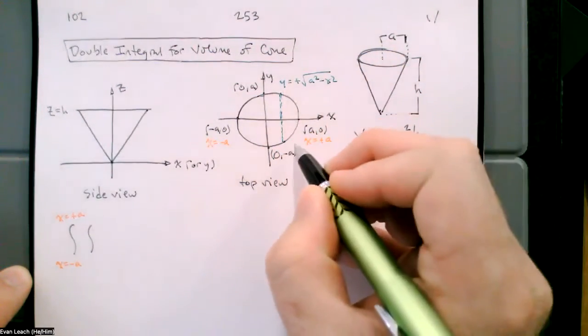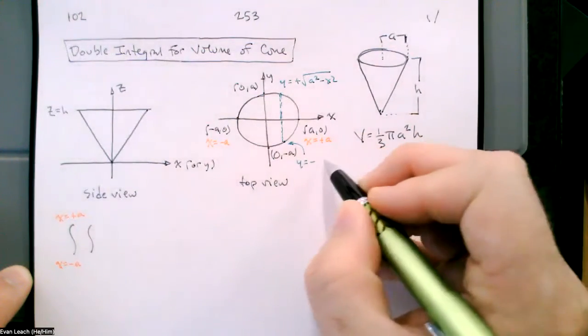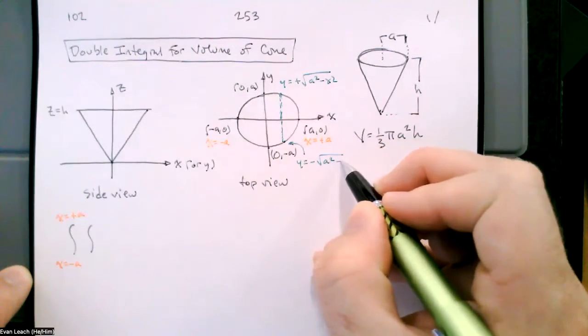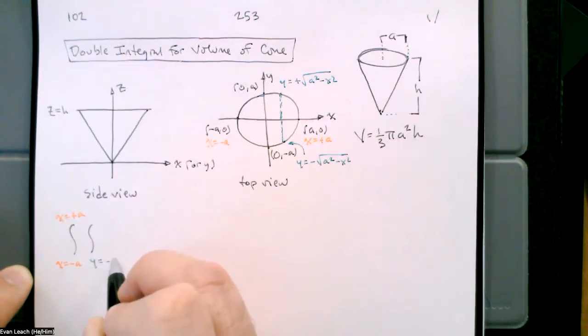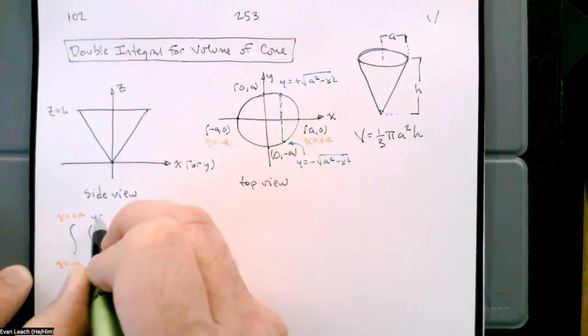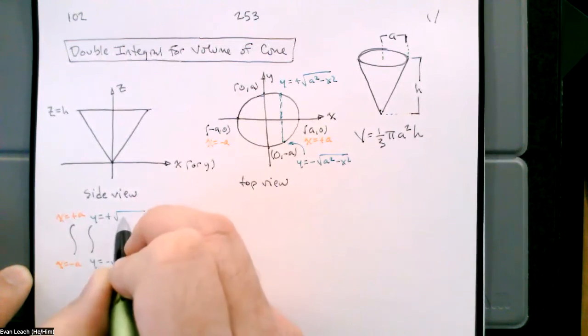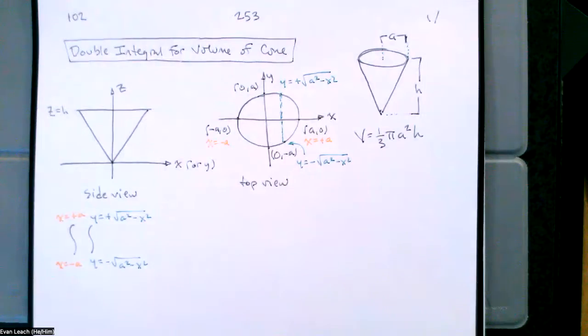Down here at the bottom is where y is equal to negative square root of a squared minus x squared. So we've set up this dy dx integral.